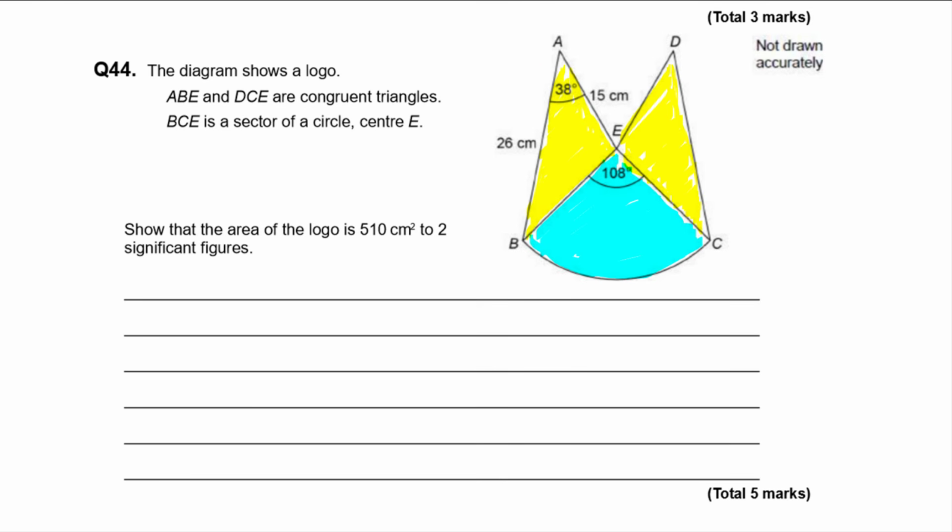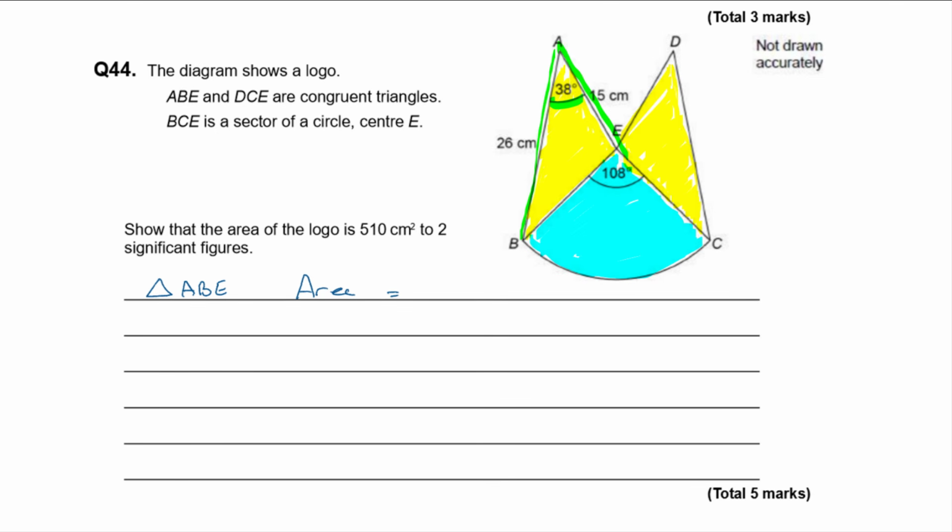Right, so let's break this down. Let's do the triangle first. So triangle ABE. Now this is a non-right angle triangle, so I can't use half base times height because I've got no right angle. But what I do have is two sides and an included angle. So I can use the trigonometric version of the area of a triangle formula.